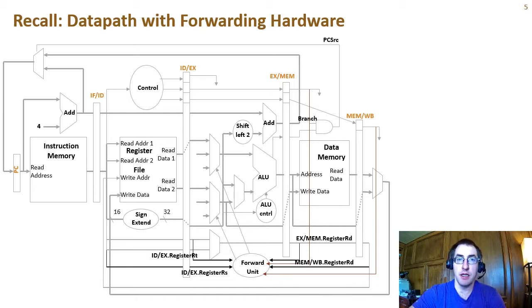If so, then we need to forward the values from the interstage buffers where they exist, either in the memory stage or in the mem write back stage buffers. Those values go to these multiplexers that feed into the ALU inputs, and the control signals come from the forwarding unit logic.